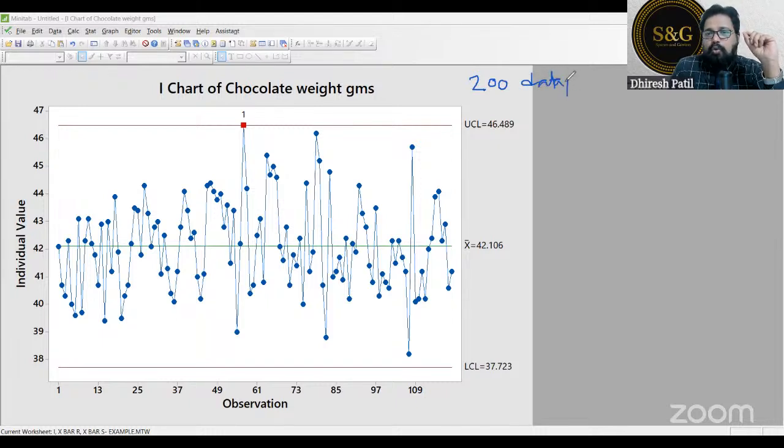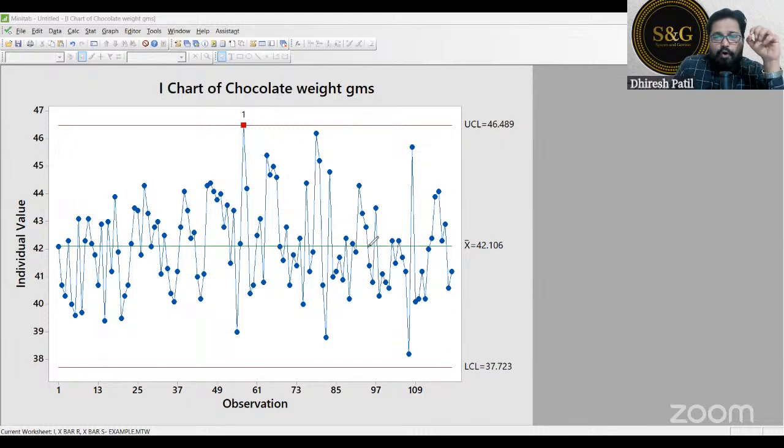If you have more than 200 data points, you can slice it into various graphs, rather than only one graph, so that you can comprehend the graph properly. Otherwise, it will not be readable. So stick to this 200 mark. Now coming back to this, in this case, we have around 120 data points.